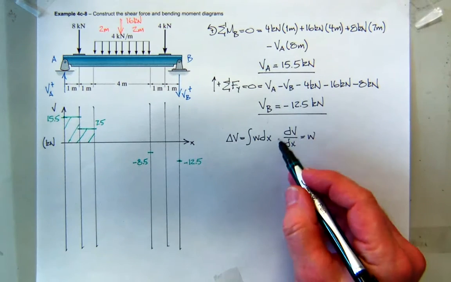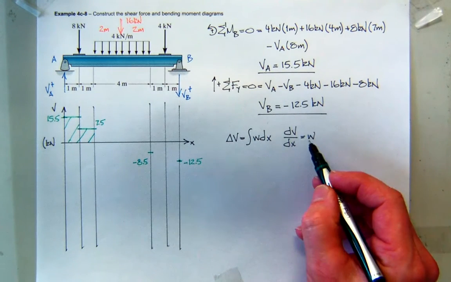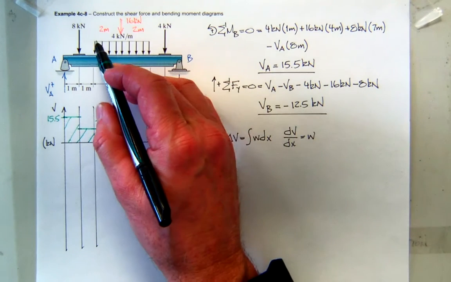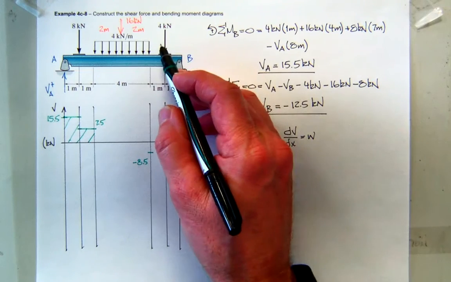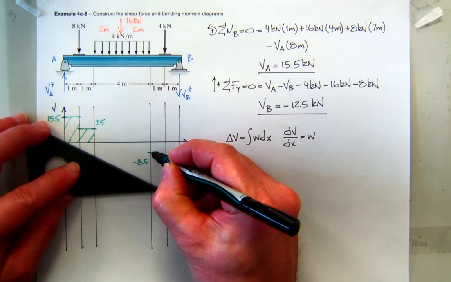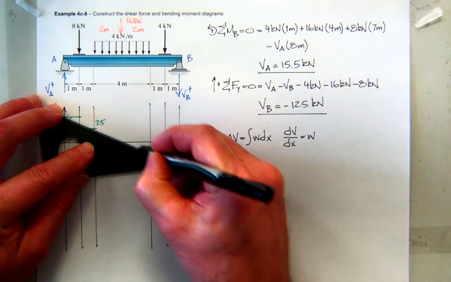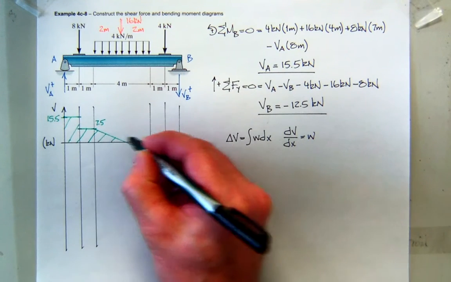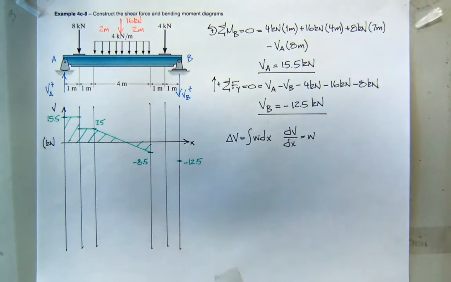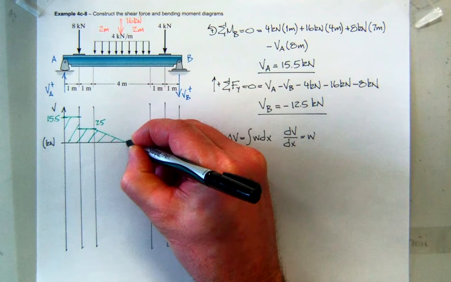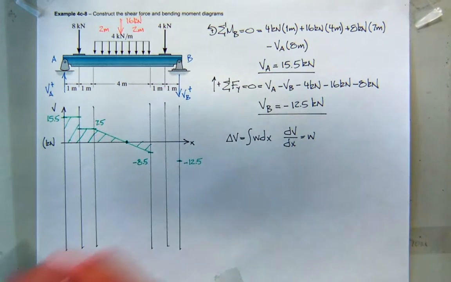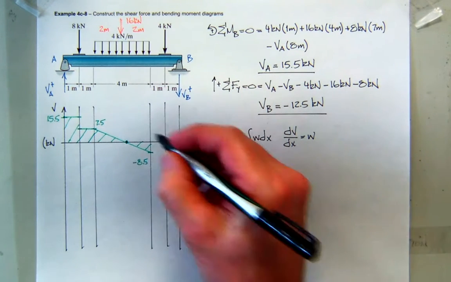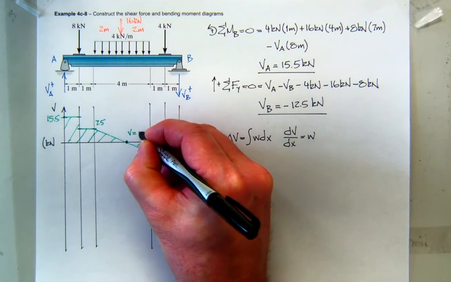And what's the slope of the shear diagram? It's equal to the load, and the load is constant and negative. So I have a constant negative slope. Look at that. Shear is 0. That might be something important.